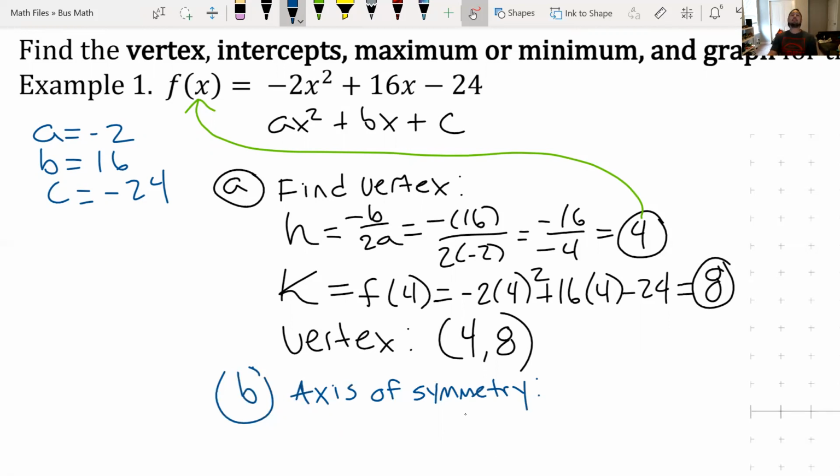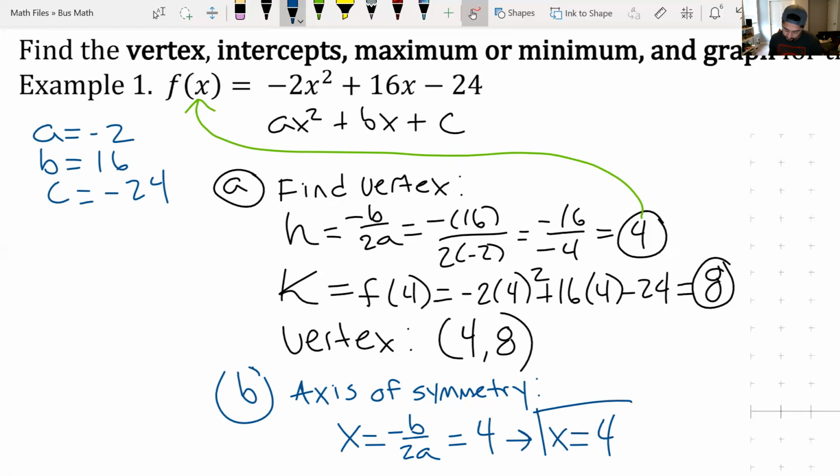Well, this one is easy money because if you have your h value, you have your axis of symmetry. Remember, to find your axis of symmetry, it's given by x equals negative b over 2a. Well, that is the same formula we use to find h. So this means if h is 4, the axis of symmetry must also be 4. So this means that our axis of symmetry is the vertical line of x equals 4. There you go. Easy. Now let's go ahead and find intercepts.